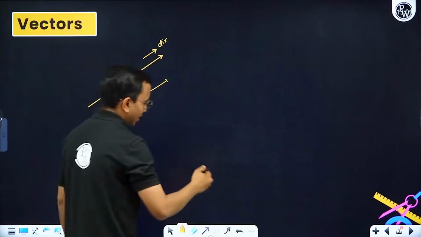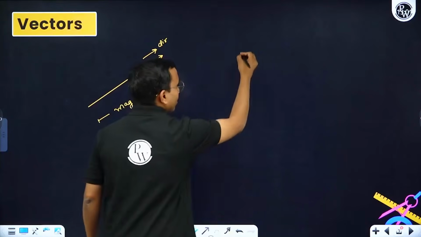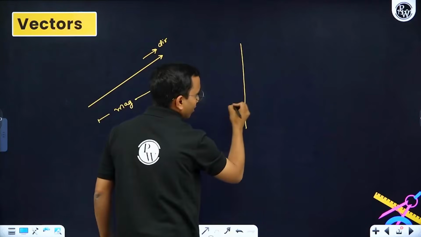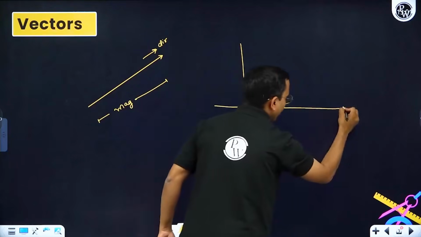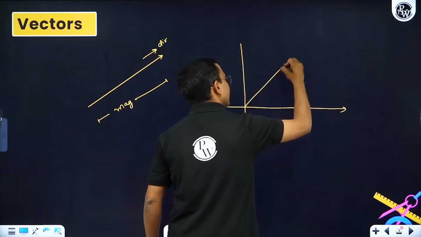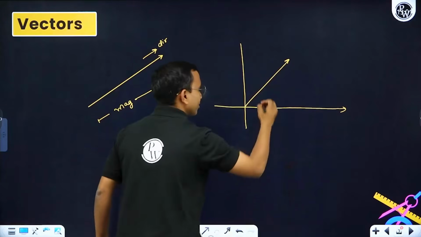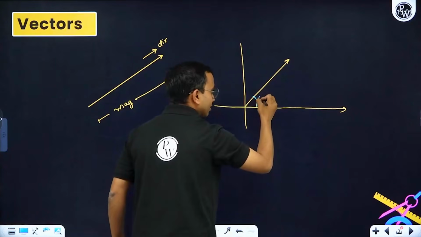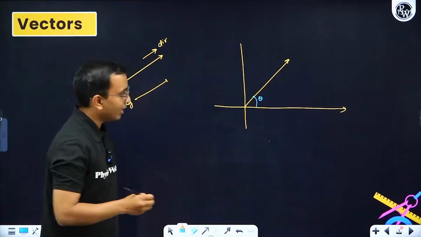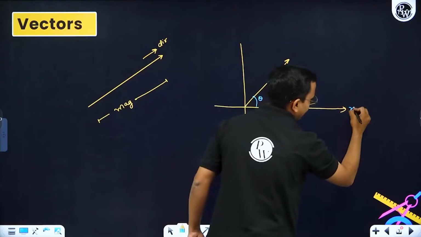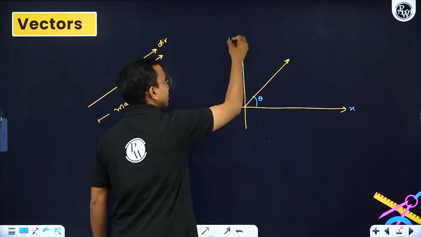How? Let us take this as our vector, and the angle of the vector is theta, like this. I'm taking this as my x-axis and this as my y-axis.